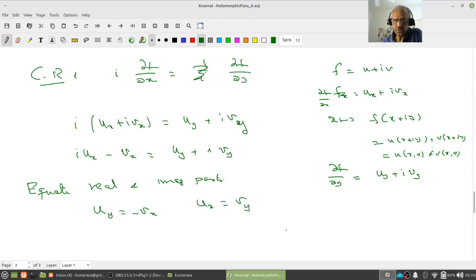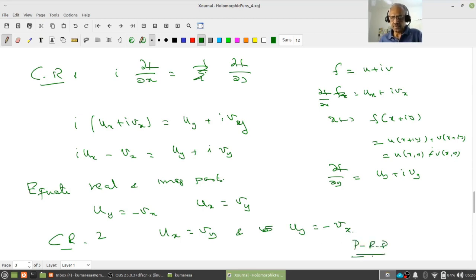Okay, so this is the second Cauchy Riemann equation. This is what you might have seen earlier. Cauchy Riemann 2 is u_x equal to v_y and u_y equal to minus v_x. Okay, pause, review, proceed.